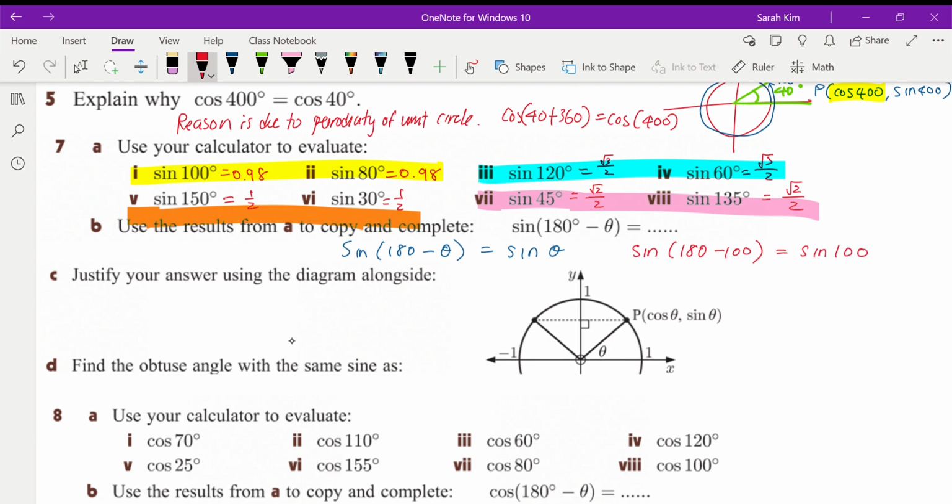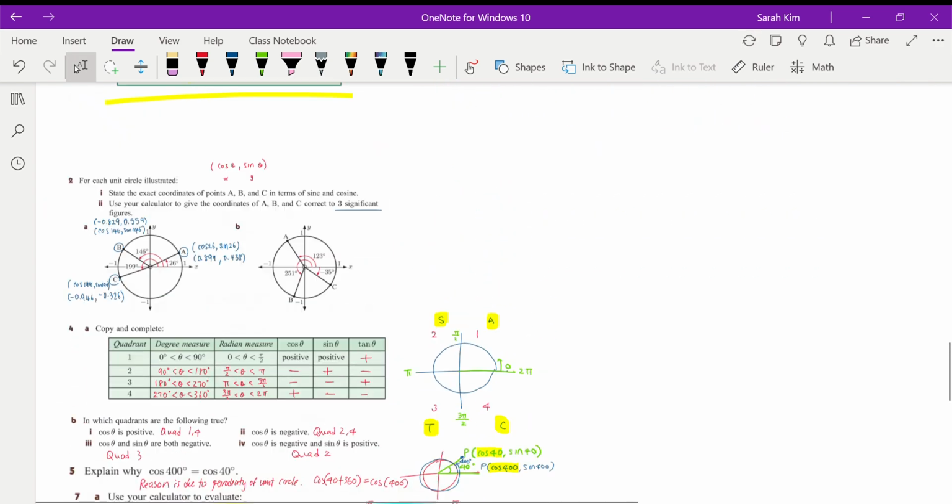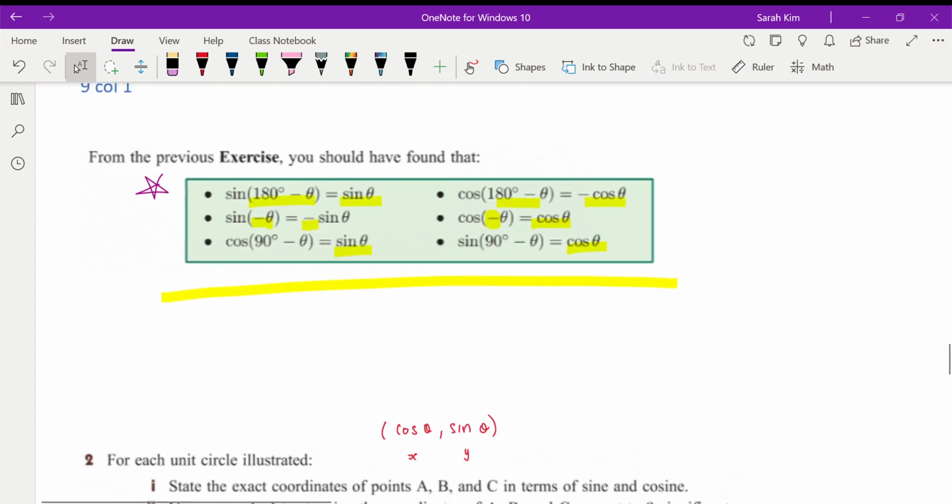So 180 take 100 is 80, so sine 80 equals sine 100, which is exactly what we have seen over here in the yellow example. So we can write that as a relationship, and that is one of the identities that I have given to you at the top. Once we do all of these exercises, you get all of these definitions, and that first one relates to what we just discovered.